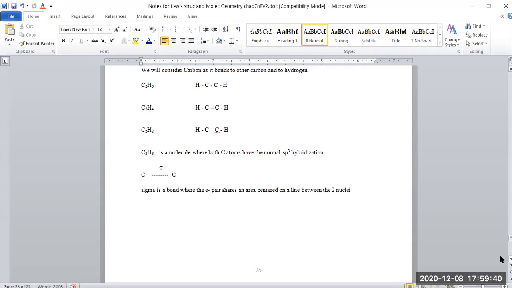The two electrons that are part of that bond basically drive back and forth between the nuclei of each of the carbons on either end.